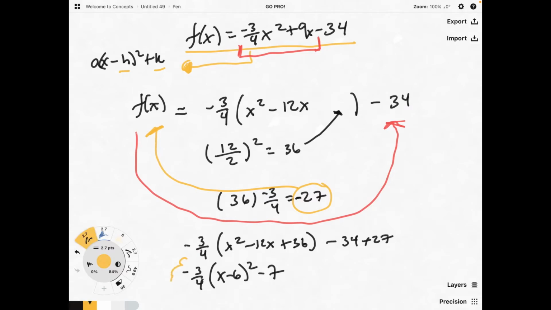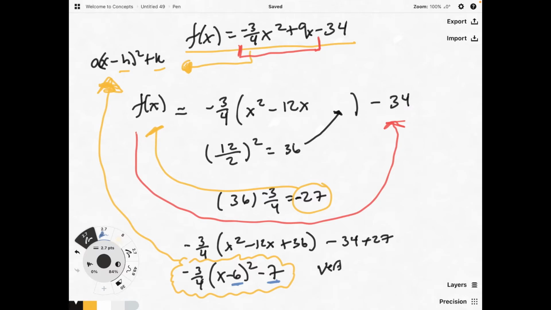Now, this equation matches the standard form of a parabola with the vertical axis, and therefore we're able to determine what the vertex is by the point h and by the point k. So the vertex of our function f of x is located at 6, negative 7.